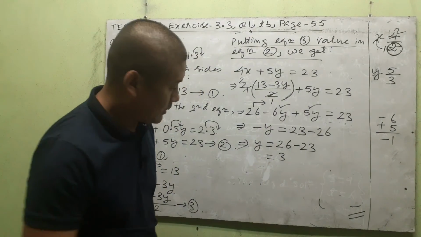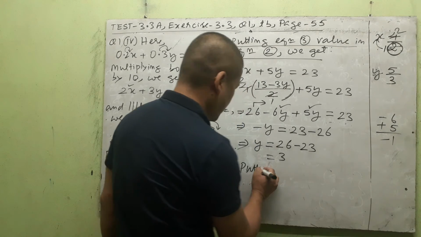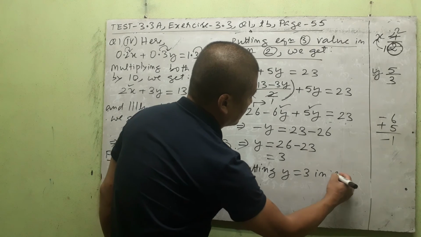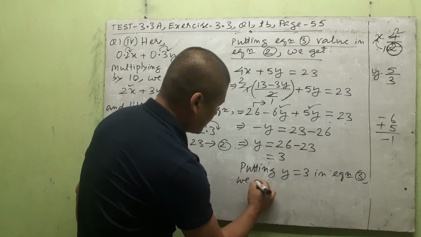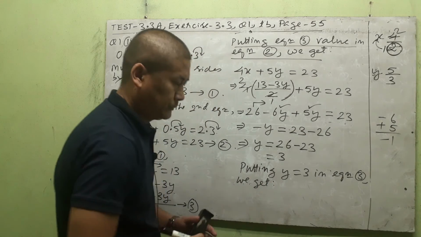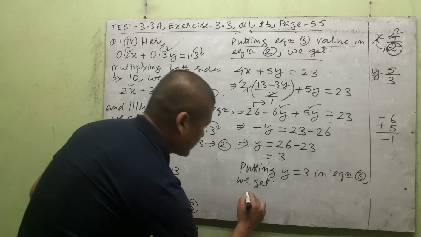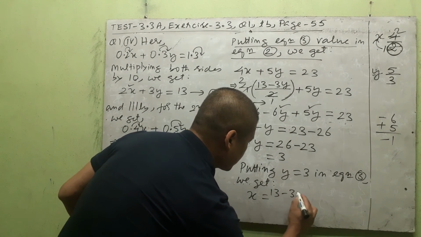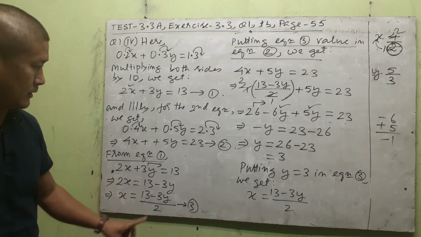Right. So to get x, putting y equal to 3 in equation number 3, because 3 is arranged perfectly to find x. So x is equal to 13 minus 3y divided by 2, as you can see here.